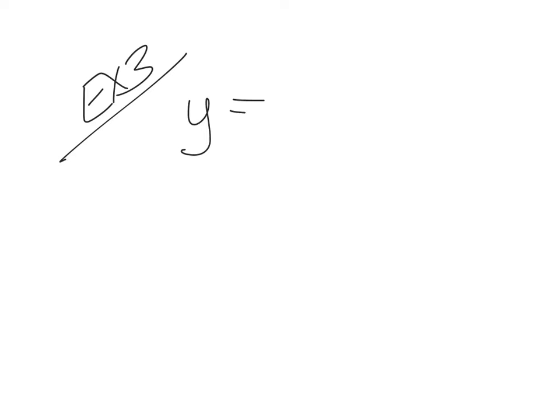So y equals, and it says 3 less than 5 times the input. So we're going to say 5x, put that at the end, minus 3. So now I've created an equation. Everybody follow how I did that? So now we're going to solve for x when we know that y equals 17.